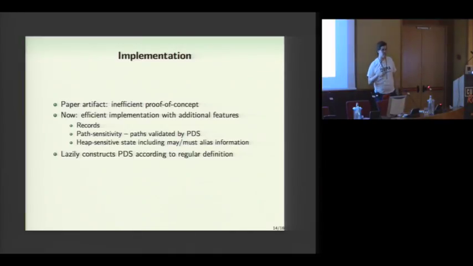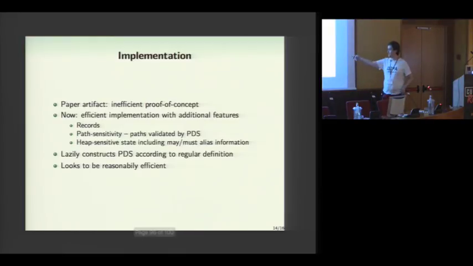Our implementation is lazily constructing this PDS, according to an abstract definition, as we're doing our lookups, because it turns out that especially with path sensitivity, this PDS is massive, but for any particular question, or even all of the questions you might want to ask to make sure that you never apply a non-function in a particular program, you only need a very small amount of that abstract definition to answer all of those questions.